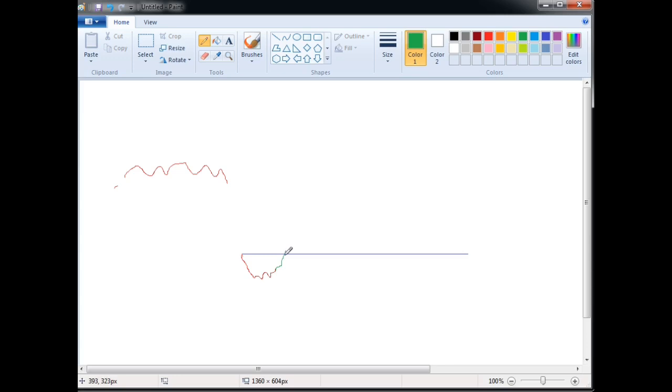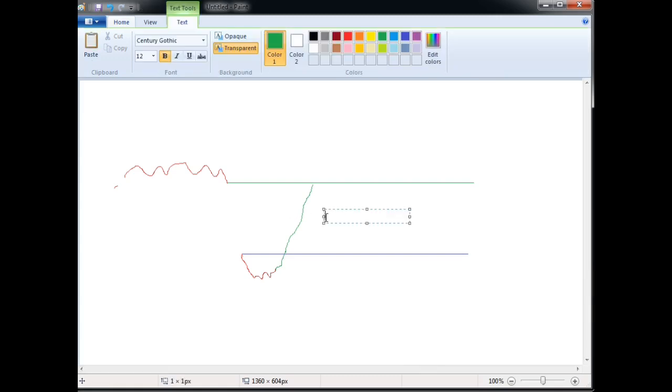So now we expect the stock to go up to the level from where it fell down and fill the gap. Therefore, this strategy is known as the gap fill strategy, right?